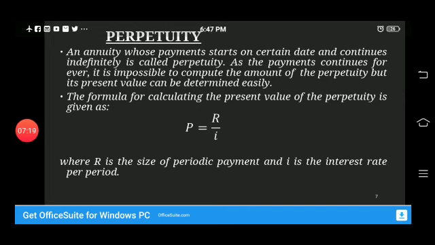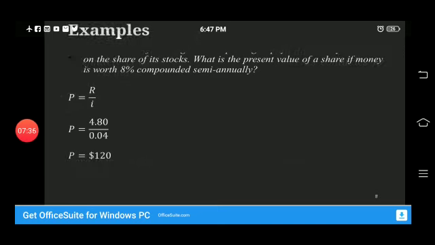So the formula for calculating the present value of a perpetuity is given as P is equal to R over I, where R is the size of the periodic payment and I is the interest rate per period.